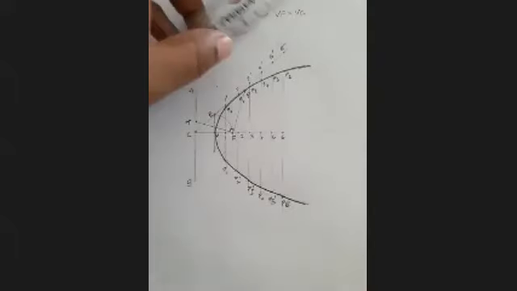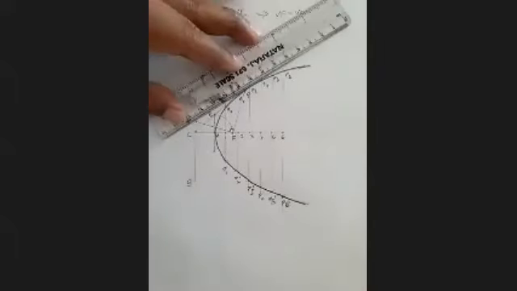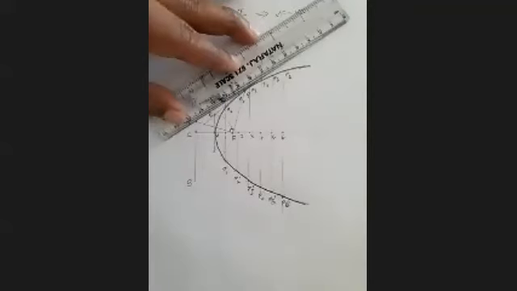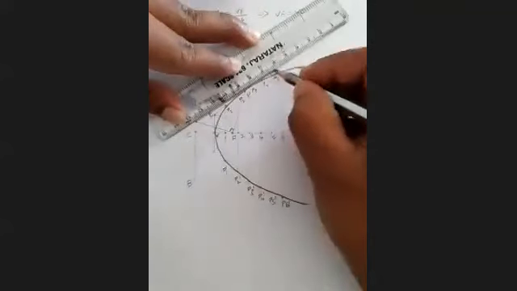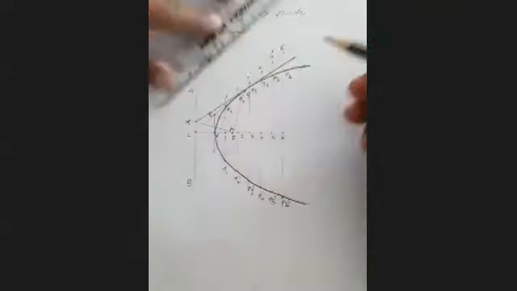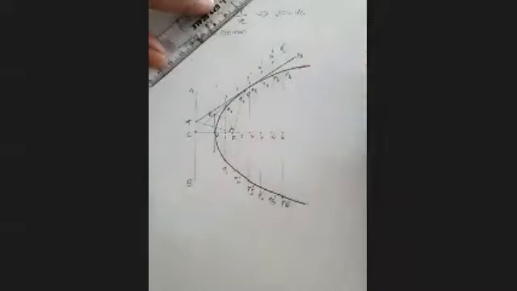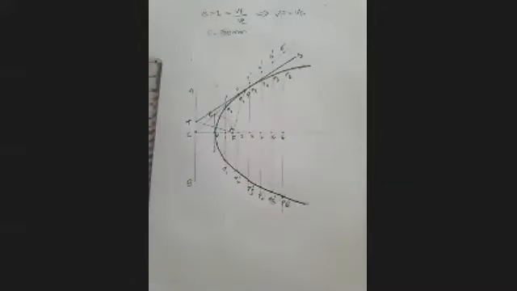Now join T and P like this and extend. Join TP and extend. So this will be your tangent. For the tangent, you are supposed to name it as TS. Tangent and normal, both will be perpendicular to each other.